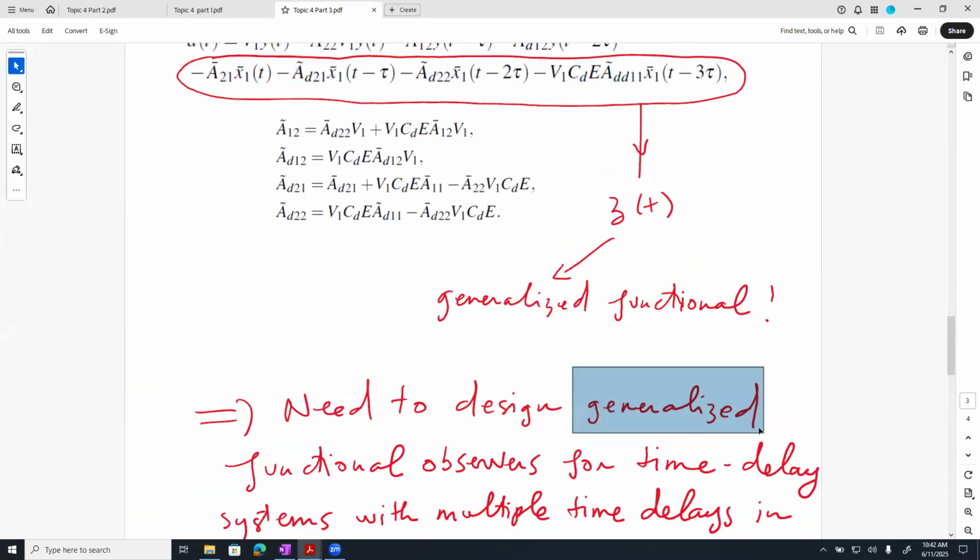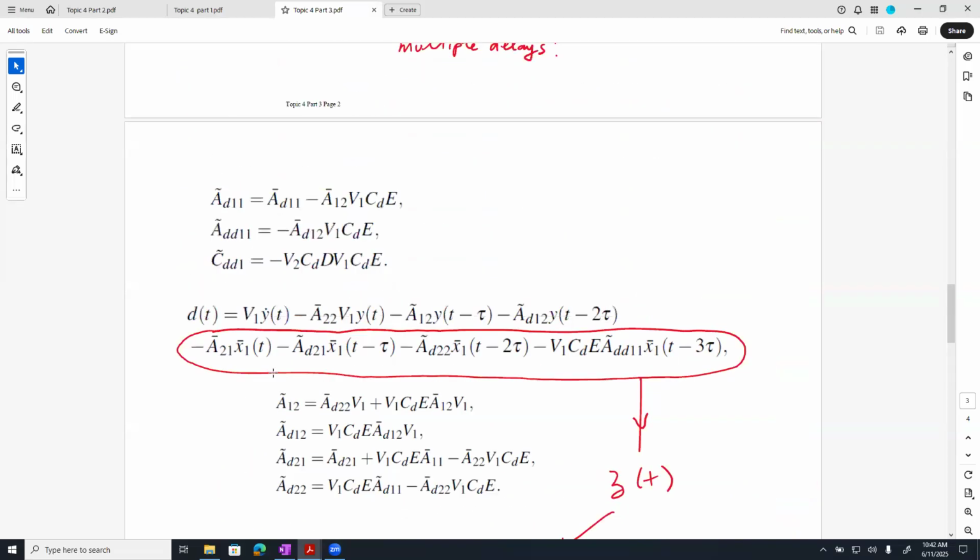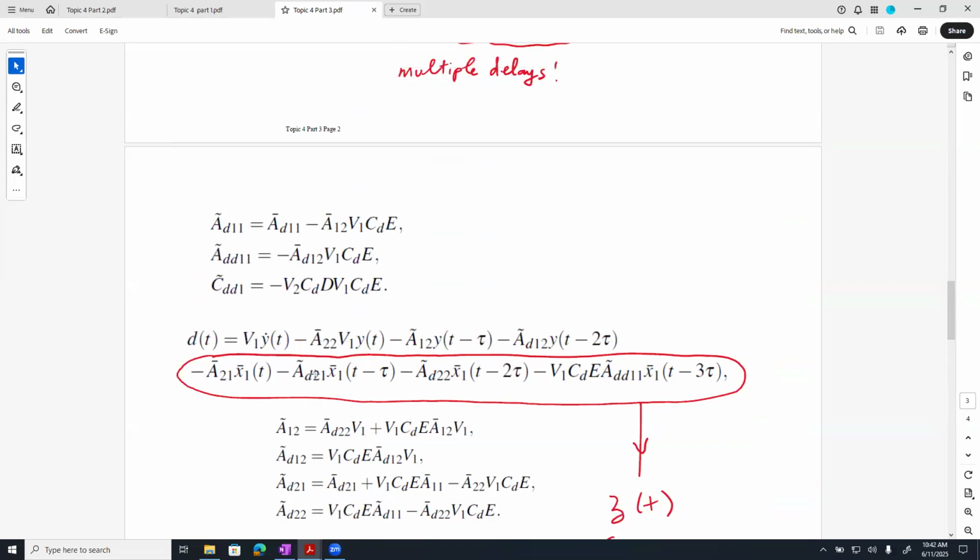We introduce the concept of generalized functionals, and we demonstrate that, look, that came from the unknown input estimation problem. Without actually looking at this kind of matrix decomposition, unknown input decomposition, we would never arrive at this kind of generalized functional observer.